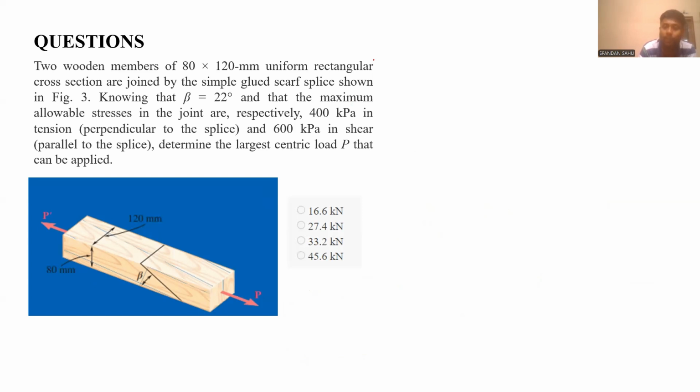If you can't, I will solve it at the last. But before that, I want all of you to try this question. Take time and try this question.